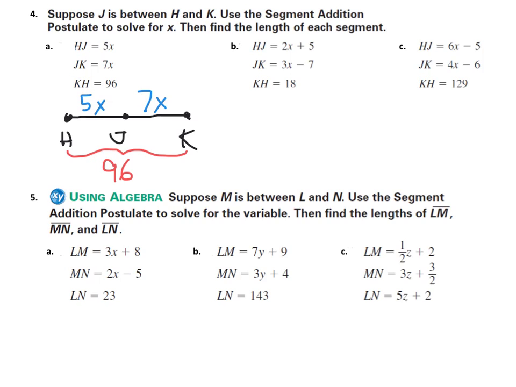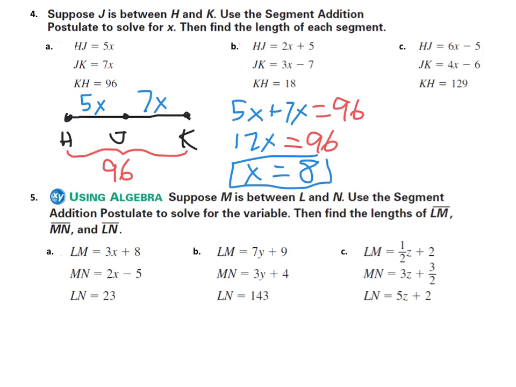So if we were to add those together, they have to equal 96. So we have 5x plus 7x equals 96. Combine your like terms. 5x plus 7x is 12x. So 12x equals 96. Divide both sides by 12 and we get x equals 8.